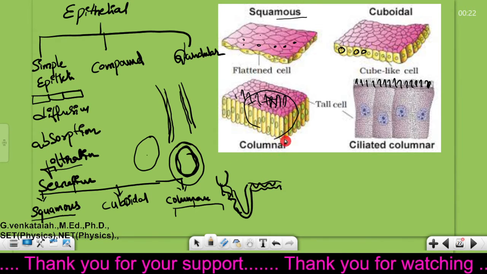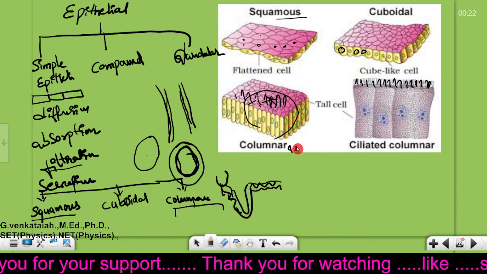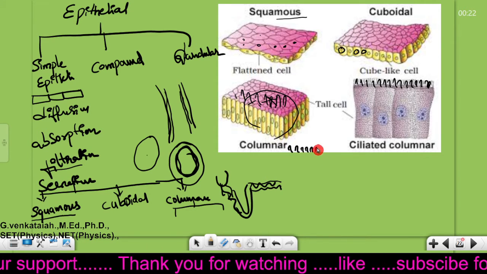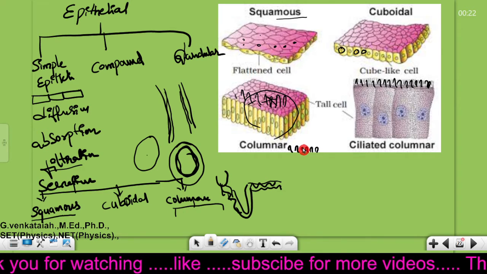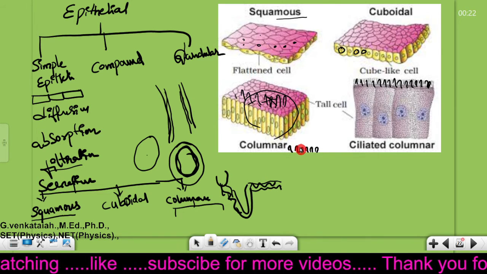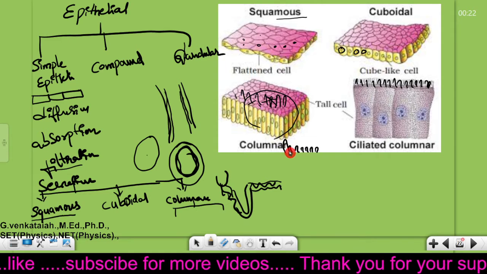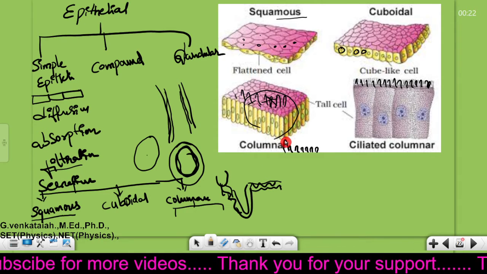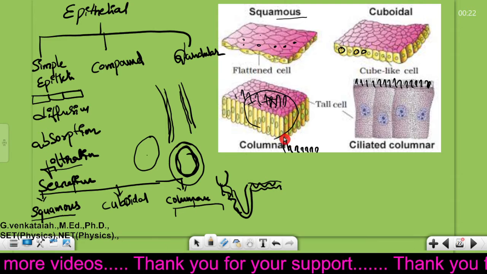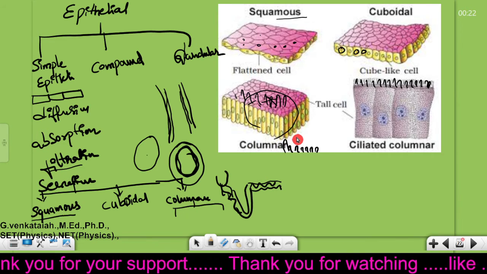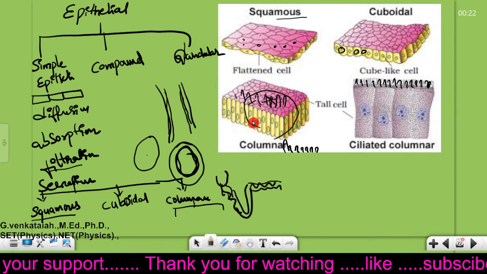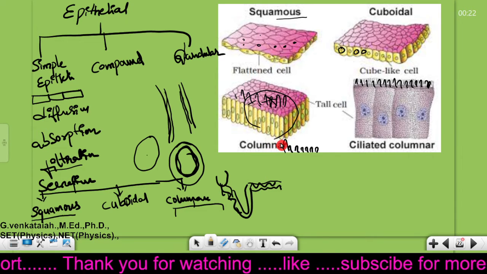But the intestinal columnar epithelial tissue has microvilli, which help to increase the surface area of the columnar epithelium tissue. So only the intestinal part has microvilli, and no cilia are present there.